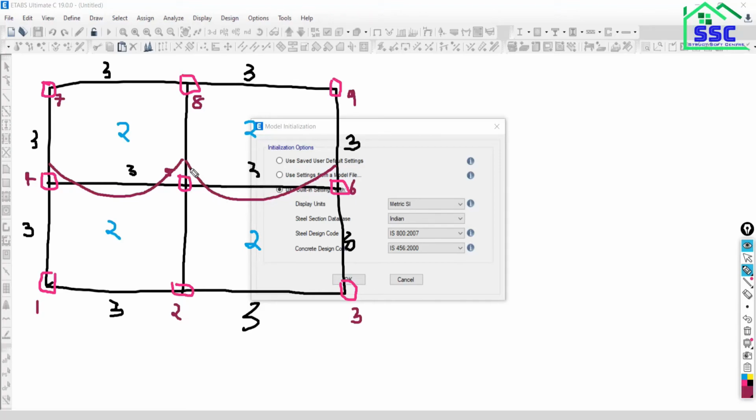So this moment is going to cancel each other. And from this side the moment will be like this, and from this side the moment will be like this. So these two moments are going to suppress each other, so there will be no moment in this column. Only concentric load will be there, because everything is the same.